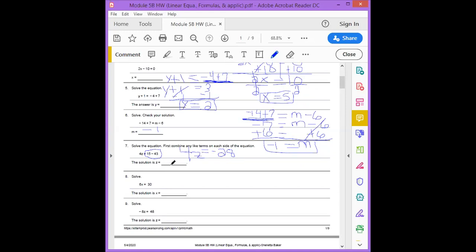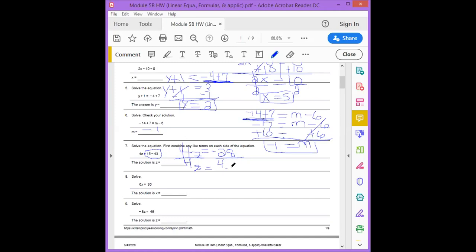All right. Now 4 times z, remember a number and a letter side by side means multiplication. So in order for me to solve for z, I'm going to do the opposite of multiplying by 4. And that's to divide both sides by 4. Now when I divide over here on the left, the 4's cancel. I'm left with z equals, and then negative 28 divided by 4.